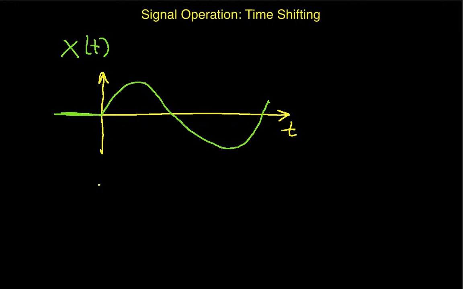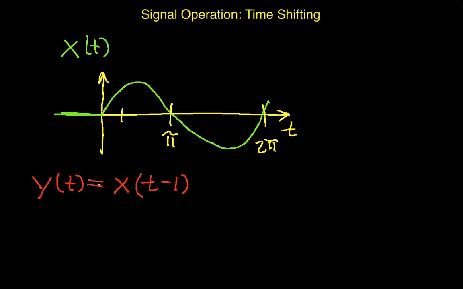Okay. And we're going to create another signal, y of t, which is equal to our x of t shifted by, let's arbitrarily say, a value of 1. In order to have this make sense, I'd better put some labels: we'll call this pi, we'll call this 2 pi, which means that 1 is right about here, minus 1 is right about here, and so on.